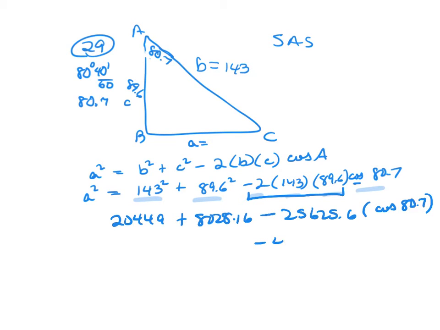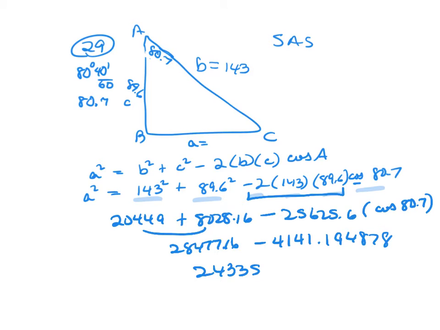That gives me 4194.878. I add the two squares, get 28477.16, then subtract, and I get a squared equal to 24335.96512.